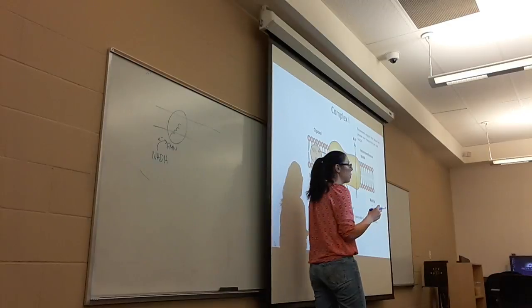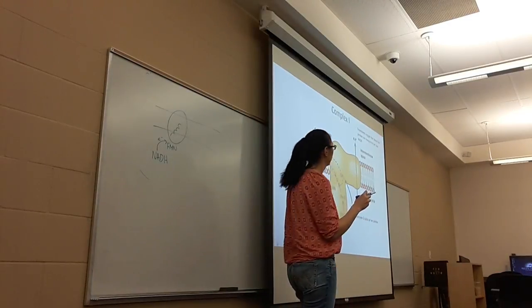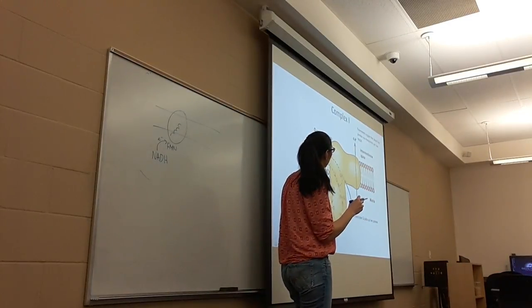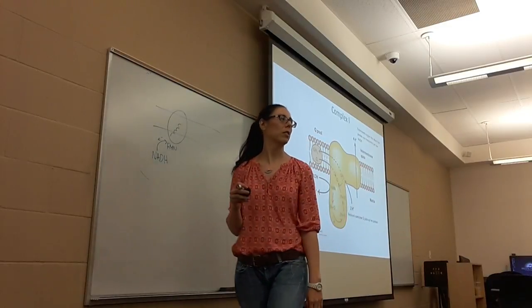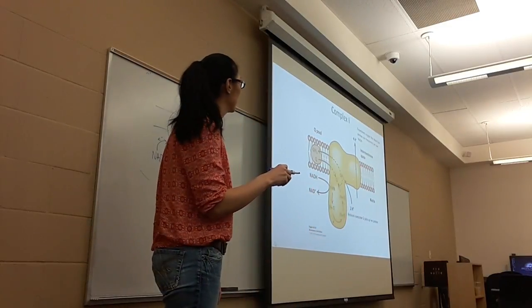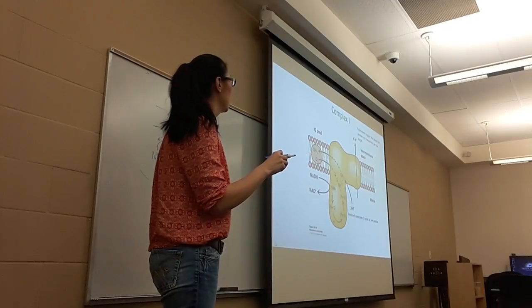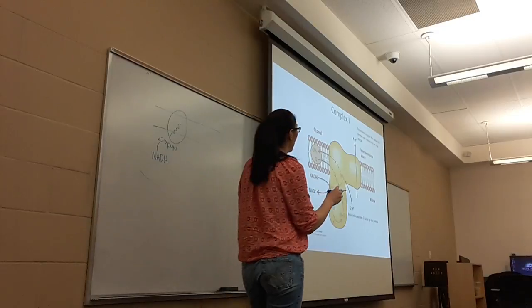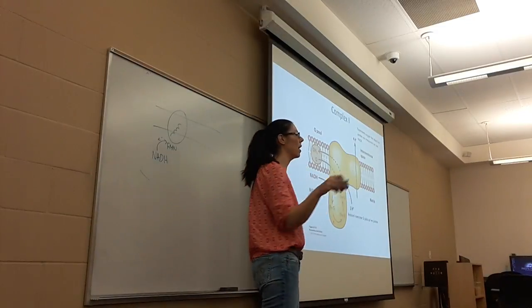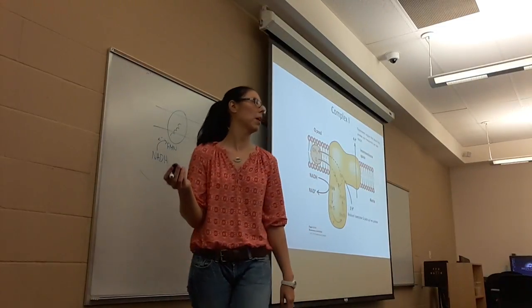So far, the experiments that we have been able to conduct show that there should be about 4 hydrogens being passed from the matrix to the intermembrane space. That number is actually relevant because how many hydrogens are passed will determine in the end how many ATPs are actually made.